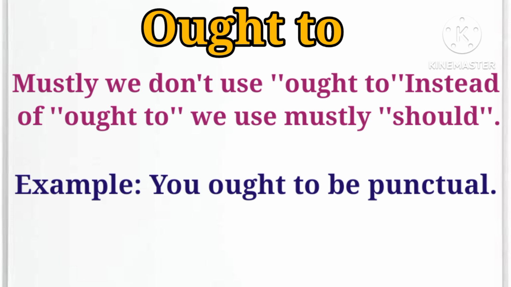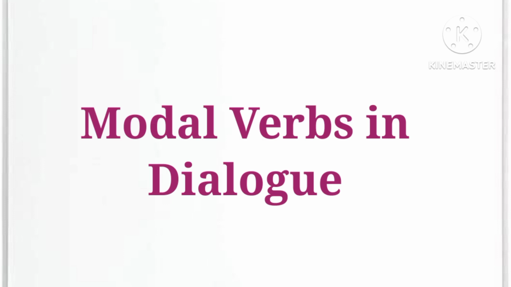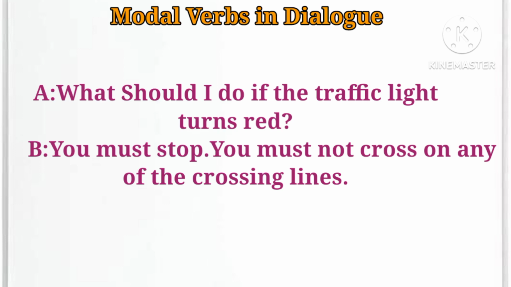These are modal verbs. And now we use modal verbs in dialogue. Person A: What should I do if the traffic light turns red? Person B: You must stop. You must not cross on any of the crossing lines.